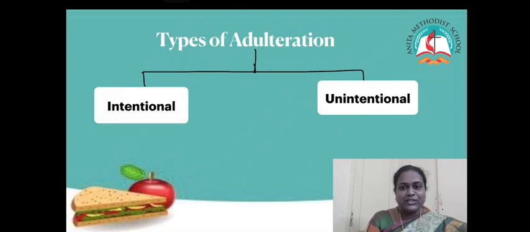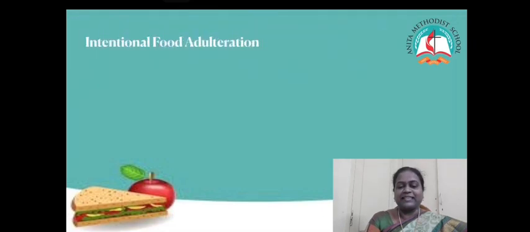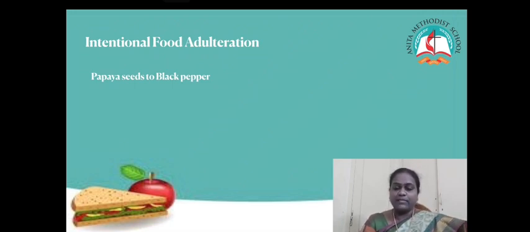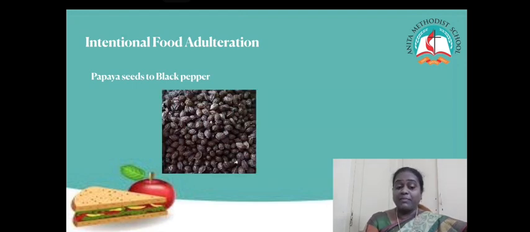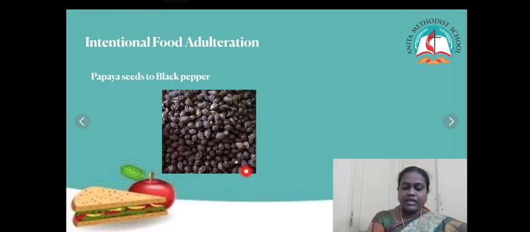So first, let us look into intentional food adulteration. In intentional food adulteration, the person adds some unwanted substance intentionally. Let's look into a few examples. Okay, papaya seeds to black pepper. Can you see this picture? This is papaya seed.